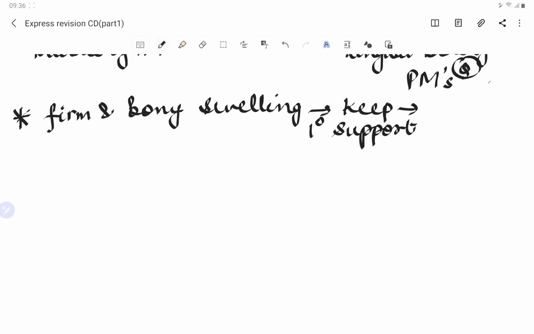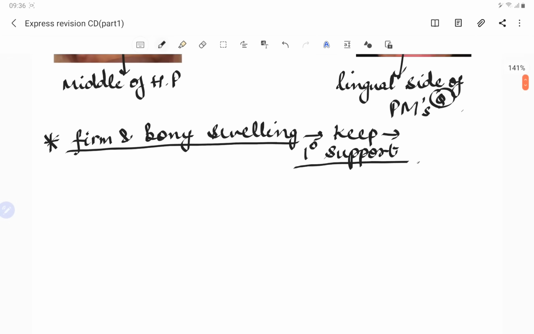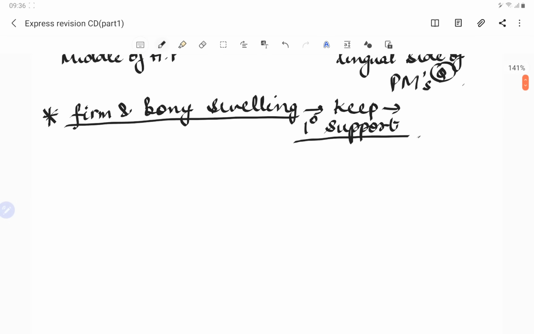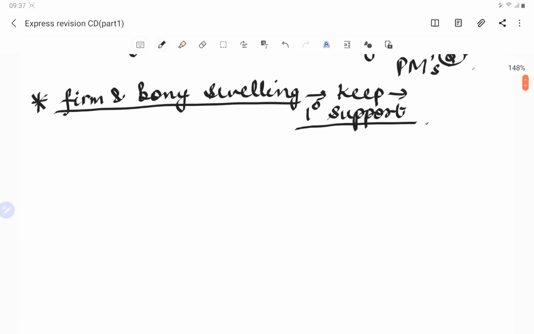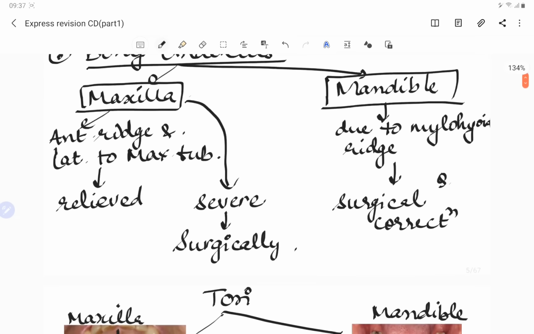Again, if the swelling is bony, firm and hard, we can use it for the primary support of the denture. We have to relieve it in the denture by placing lead tin foil during processing. But we can keep it. We have also talked about relieving in the maxilla.